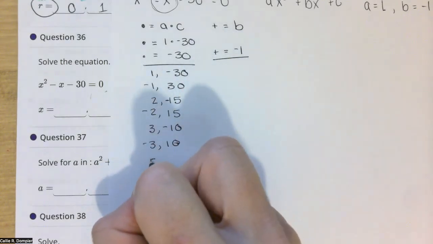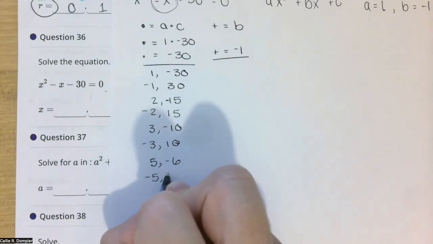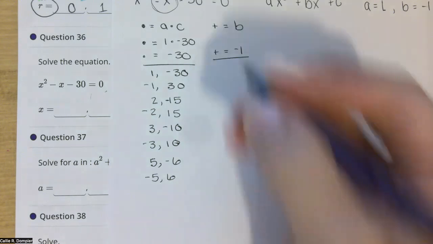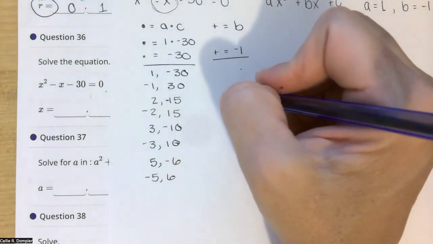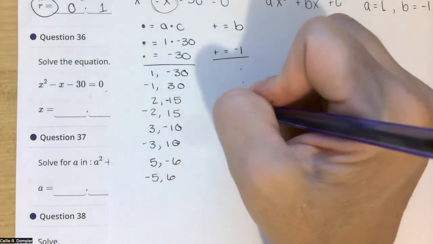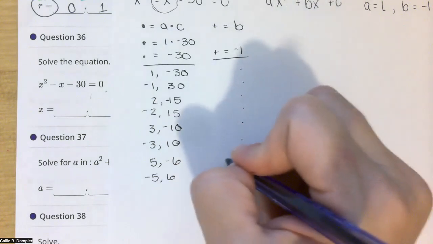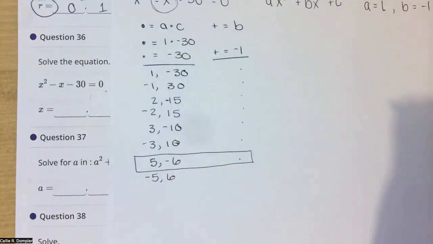Yeah, I get 5 and -6, or -5 and 6. I think those are all my factors because after that I have 6, and 6 is already on my list, right? Which one of these adds to -1? That would add to -29, +29, -13, +13, -7, +7, -1, right? 5 plus -6 is -1.